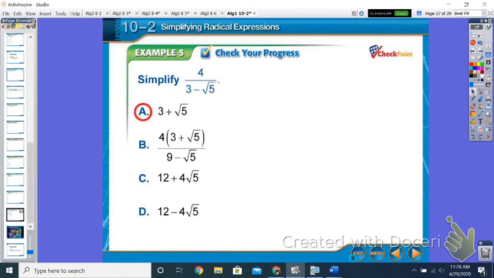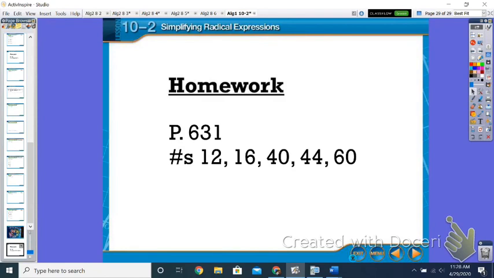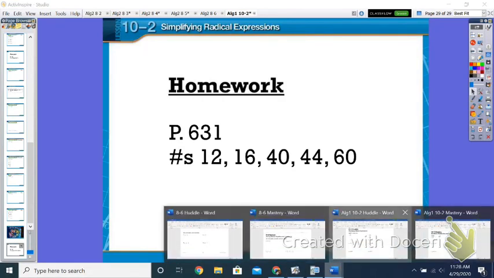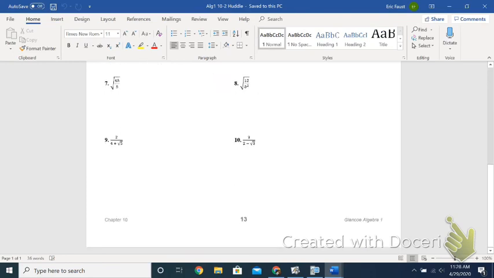All right. Homework assignment for tonight is right there. And going back to the huddle, you're just going to do these last 4, 7 and 10. So pause the video, give those a try. And all right, the answers are, if I can read my handwriting, 7 is 2 square root 5h all over 5.